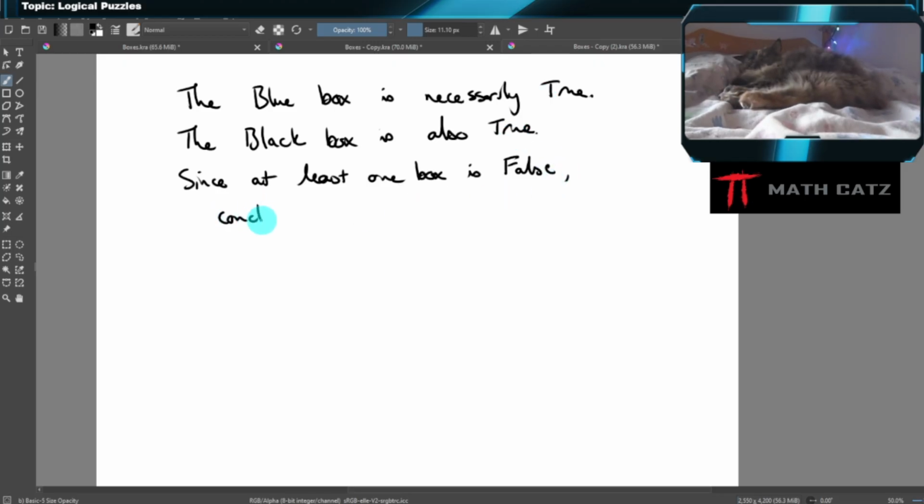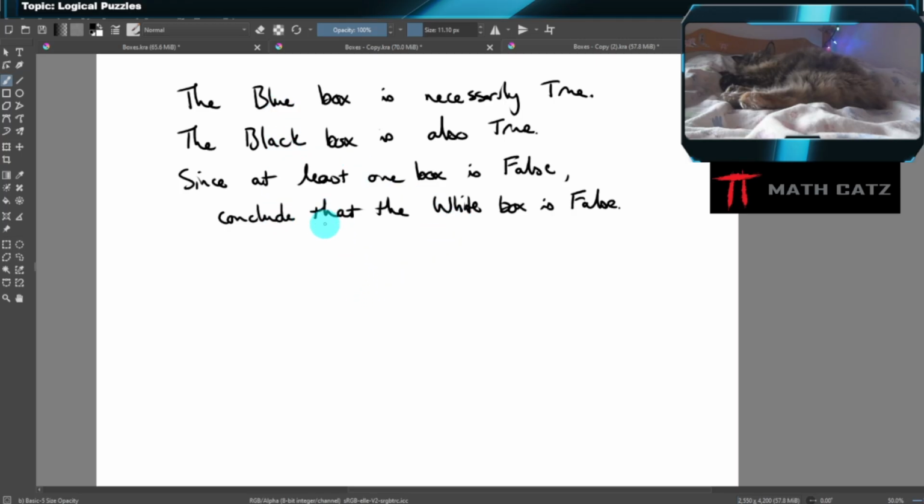We conclude, sort of a temporary intermediate conclusion, that the white box is false, because there has to be a false one somewhere. Can't be blue, can't be black, has to be white. So we're doing sort of a little elimination here, and we started with the simple statements because they're easier to get a foothold, start some momentum. So now we know blue is true, black is true, white is false.